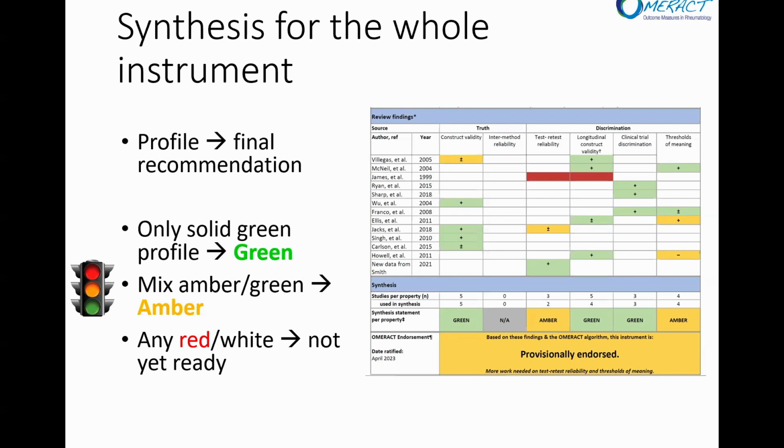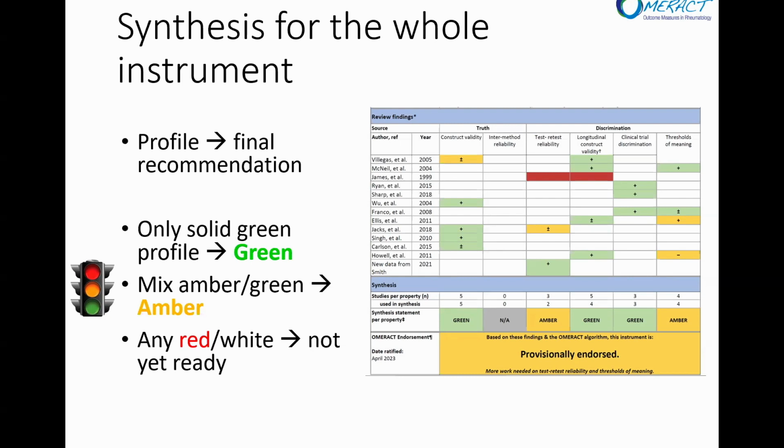And based on the findings that you had, we'd ask you to identify what would need to be worked on to bring this up to a fully endorsed instrument, a green level. And if you have any measurement property cells in the profile that are either red or white, meaning that there's no evidence available, it means that this is not yet ready for a level of endorsement at OMRAT. So we'd ask that you continue.